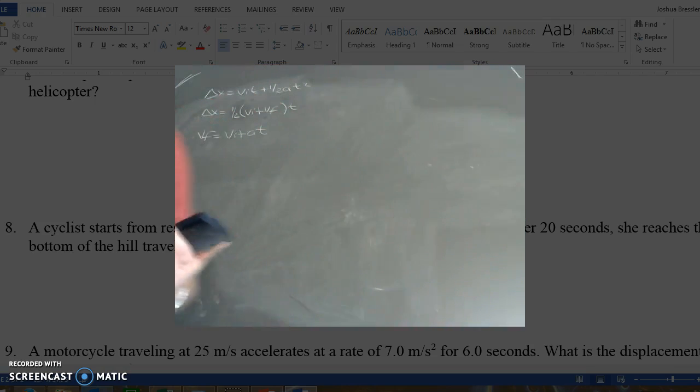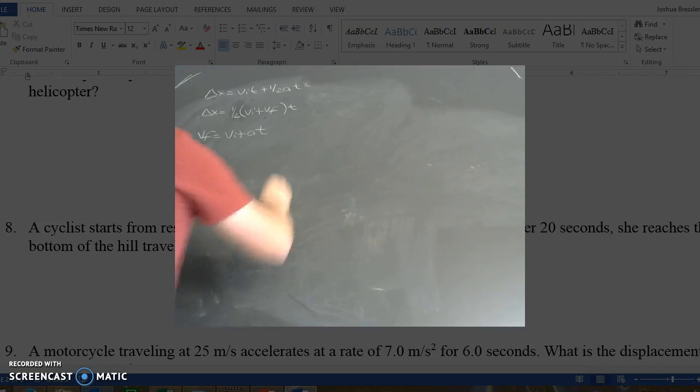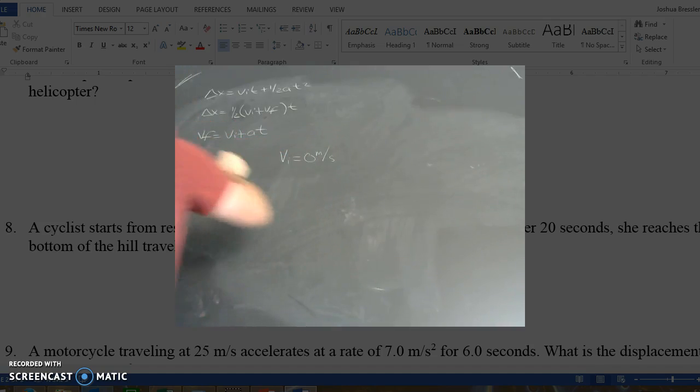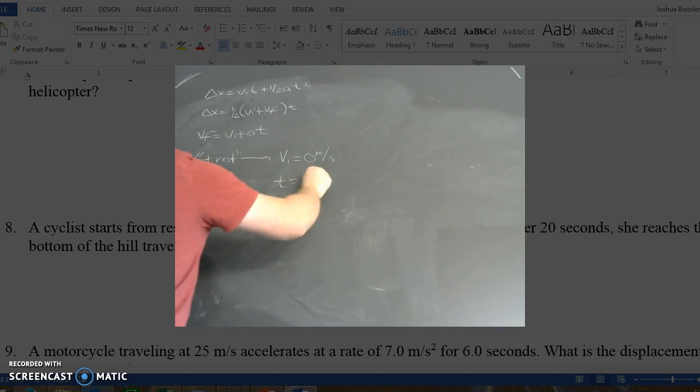Okay, number 8. It tells us the cyclist starts from rest at the top of the hill. Once again, this is going to be a situation where our VI is 0 because of the at rest phrase. Okay, she begins to descend the hill after 20 seconds. That means our T is 20 seconds.